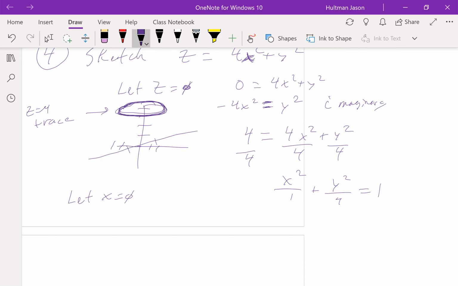Okay. So what about when x is equal to 0? We get z equals y squared. Oh, that's interesting. What do you think z equals y squared is in the zy plane?